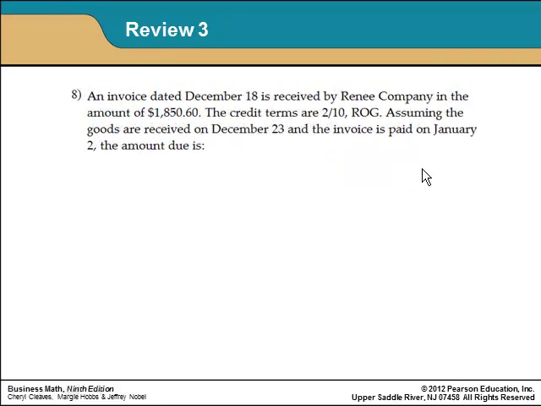An invoice is dated December 18th and received by Renee Company in the amount of $1,850.60. The credit terms are 2 in 10 days receipt of goods. Assuming the goods are received on December 23rd and the invoice is paid on January 2nd.